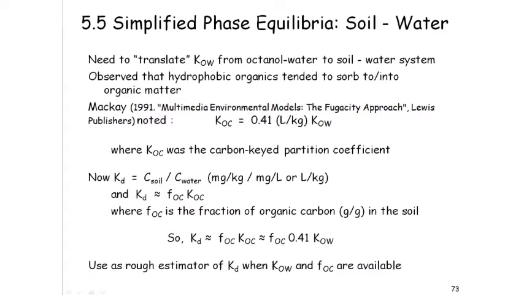We can then develop Kd as being equal to the fraction of organic carbon times 0.41 times KOW. And I warn you that this is a rough estimator of Kd. Experimental ways would probably be better, but again, we're here just after an estimation, not a detailed measurement.